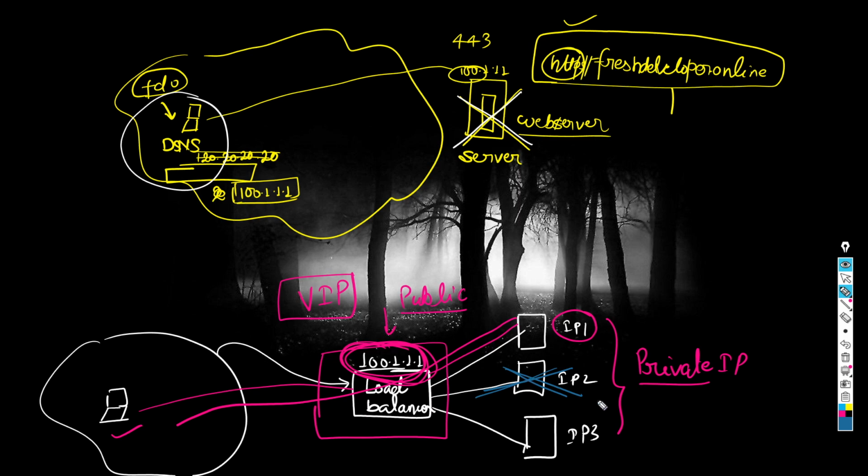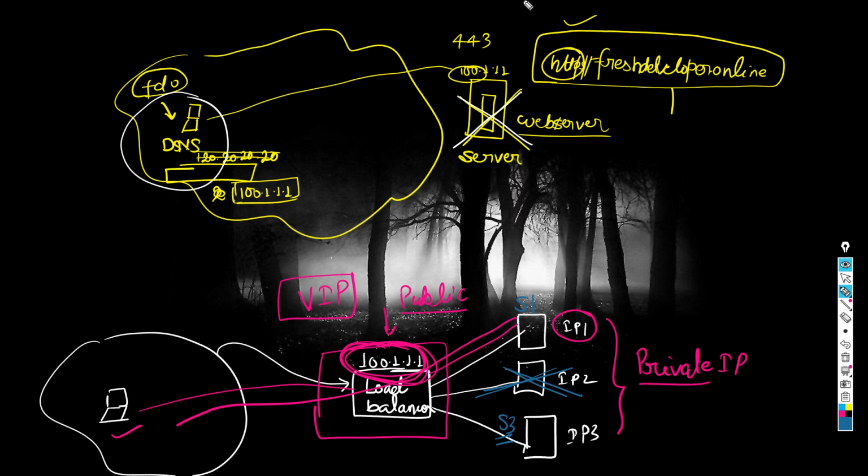Ultimately, even if one of your servers goes down, the request will be served by the redundant or available server. So that could be your server 1 and server 3. So that's basically the concept of the load balancer.